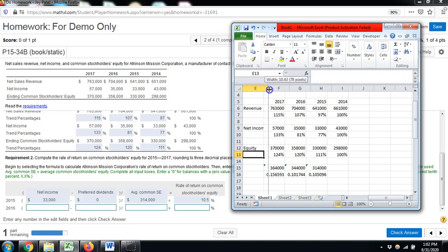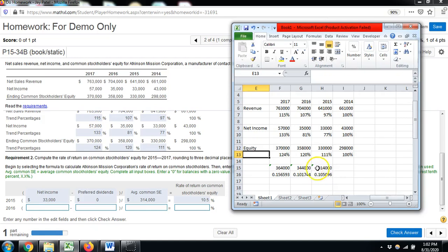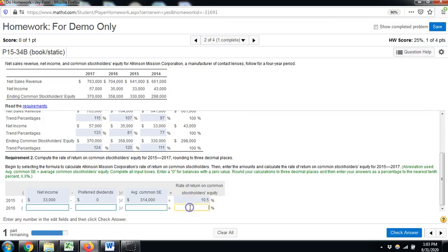Okay, so we have these labeled. So basically we did this 2015, 2016 we have our average common shareholders' equity in this, and then this ratio is taking our net income divided by the average shareholders' equity. So let's fill in the numbers.